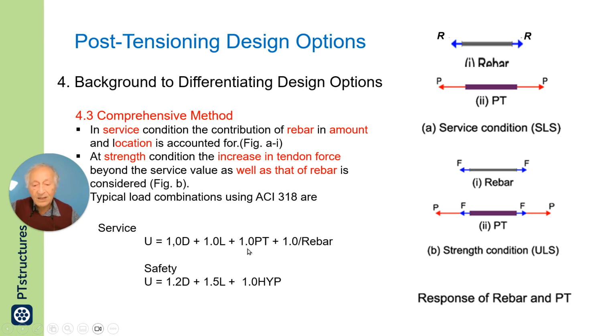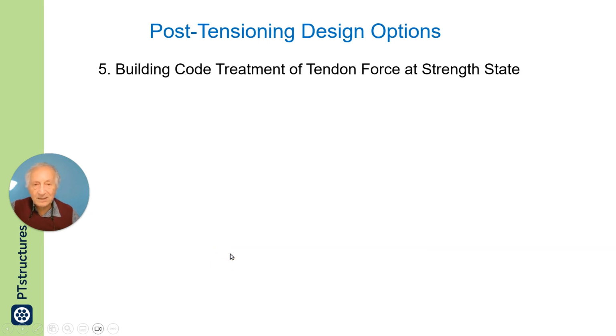In reality, you don't need this. You just put the PT force. But the way it works, ACI says you include hyperstatic, so if you want to follow the text of ACI, you have to extract it to satisfy ACI, but it's really not needed to get a safe solution. It is implicit in the solution.